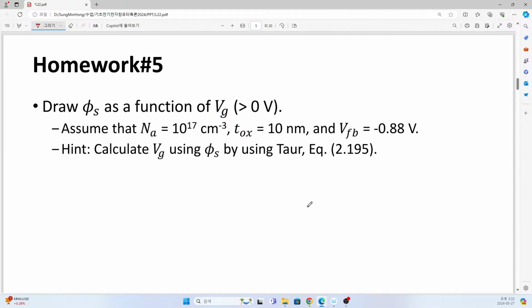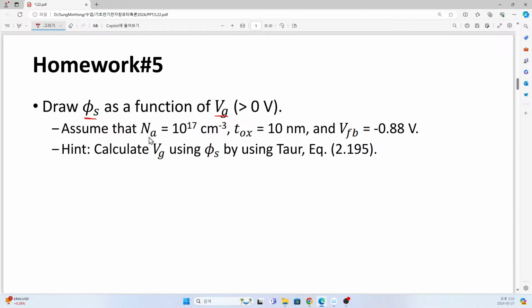And we have homework number 5. Although I do not check the homework, I strongly recommend you to do this homework by yourself. Please draw your surface potential as a function of gate voltage. You may assume that gate voltage is positive because that is our usual operation case.